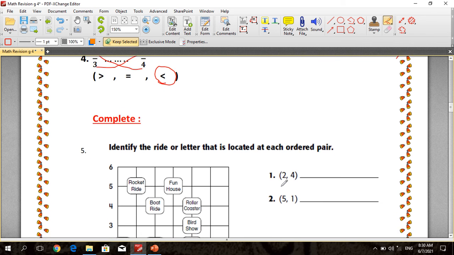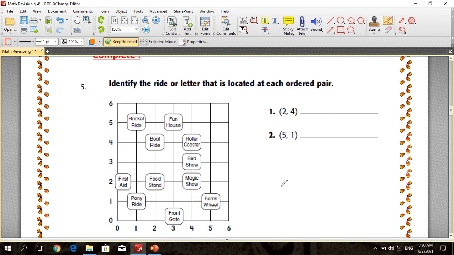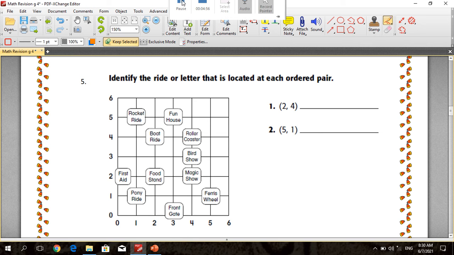Now let's go to the next one. In this question he wants you to identify the letter or the rate that is located at each ordered pair. He gave you a pair and wants you to tell what is located there.